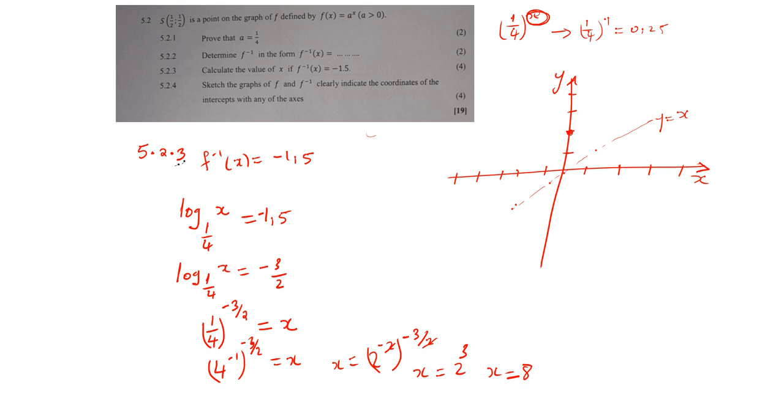So that basically means that we will have our graph like this. This will be our graph, our original function. This is the graph of f at x.